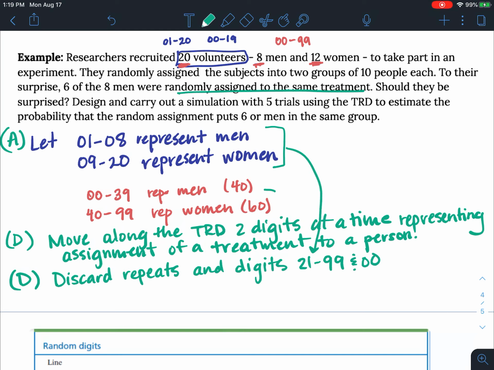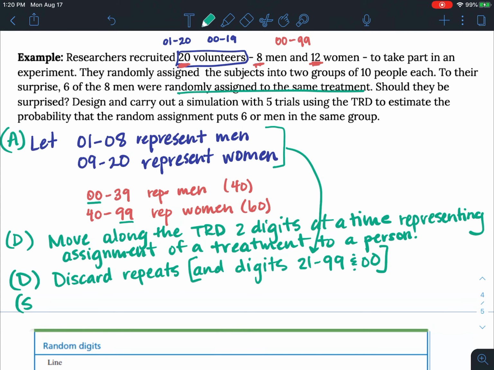In the pink case, I would not mention anything, because I would just say discard repeats. There were no extra digits from 00 to 99, so there are no other 2-digit numbers to discard. That part depends on whether you chose the blue or the pink.